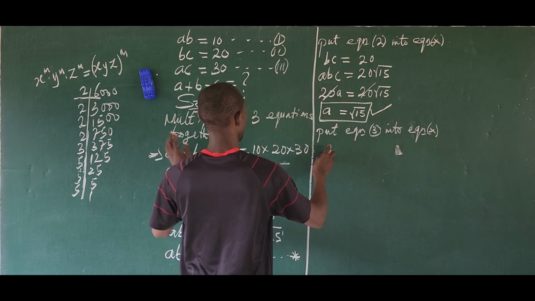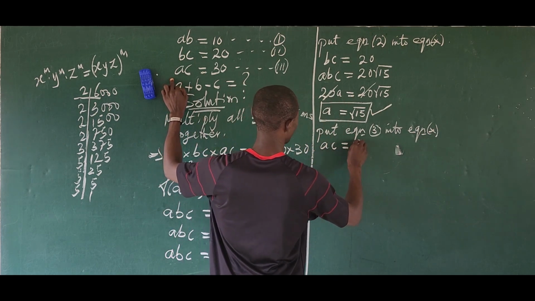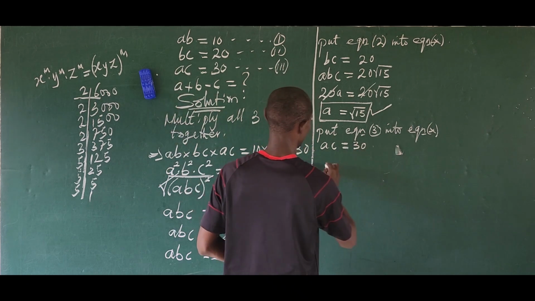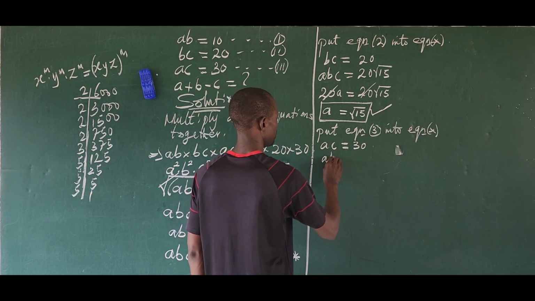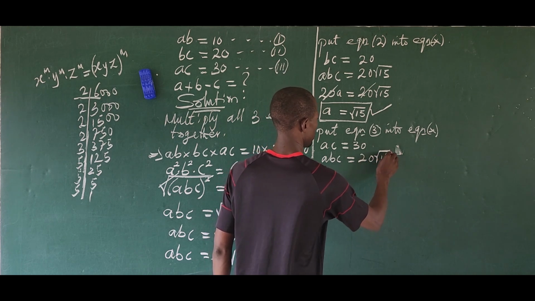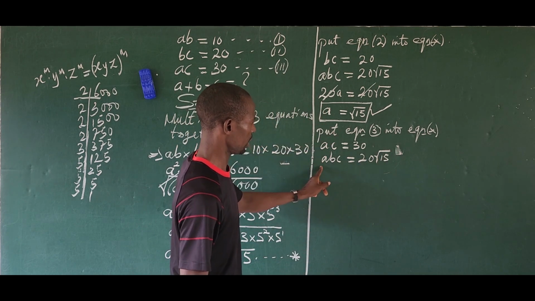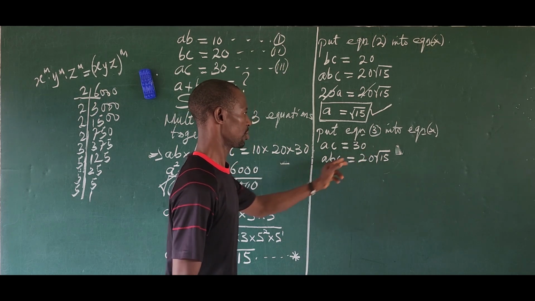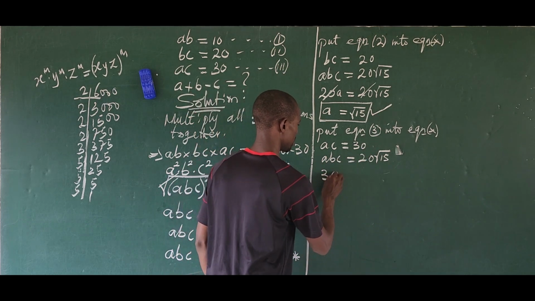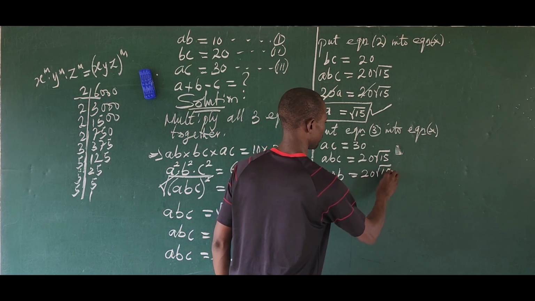So if we do that, our equation 3 is ac equal to 30, and our solver equation, we have abc equal to 20 root 15. Now let's look at this here. If we bring ac here, it is 30. So we're going to replace this with 30b is equal to 20 root 15.